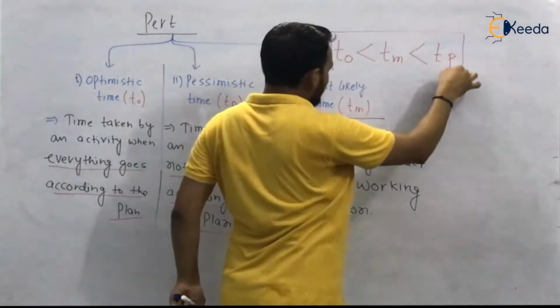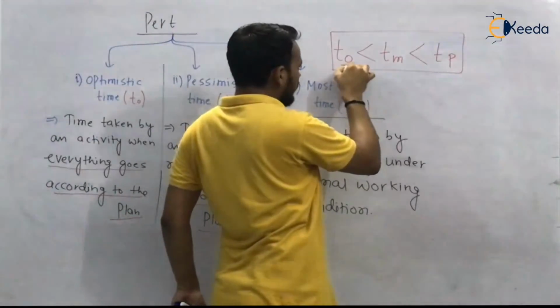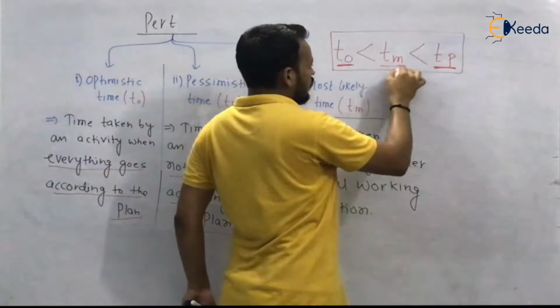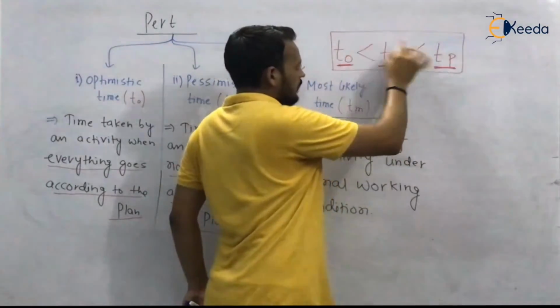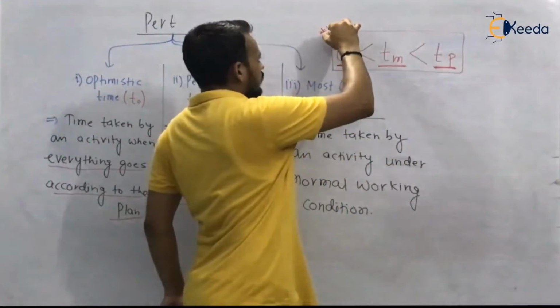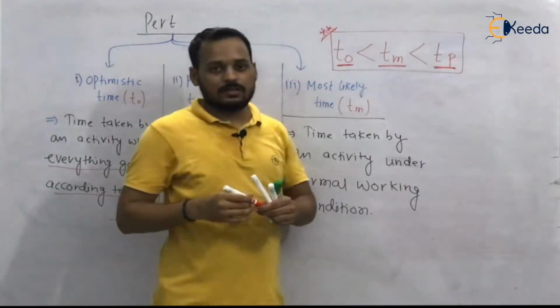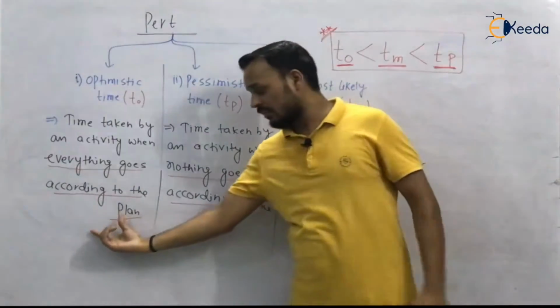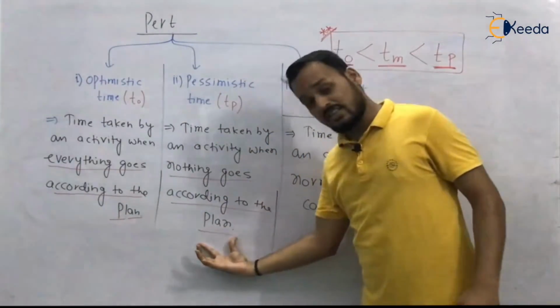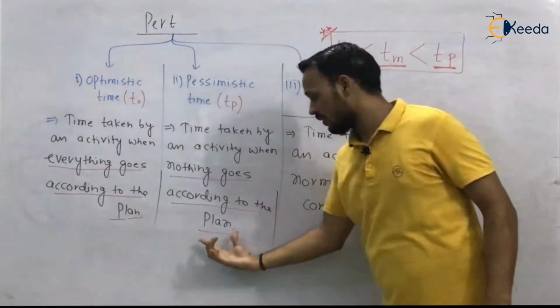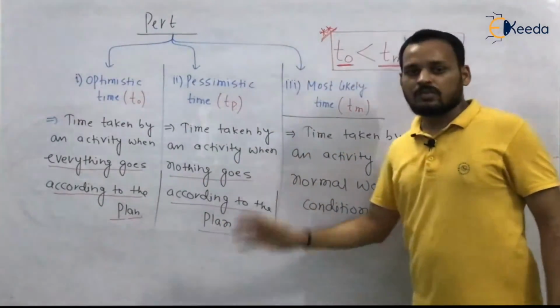So optimistic time will be the lesser one, pessimistic time will be the higher one, and most likely is present in between. The example was PhD 3.5 years, PhD 6 years, and PhD 5 years.